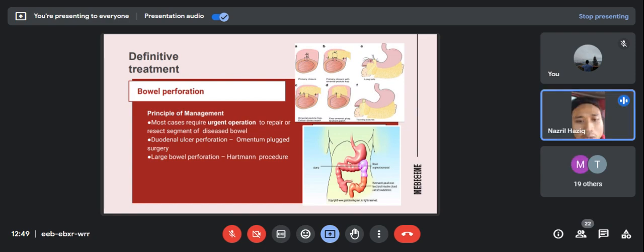And then we do colostomy of the proximal remaining part. Jawab tu, practice macam tu dek. And then distal part? The distal part will be closed and left inside the abdomen as a stump.